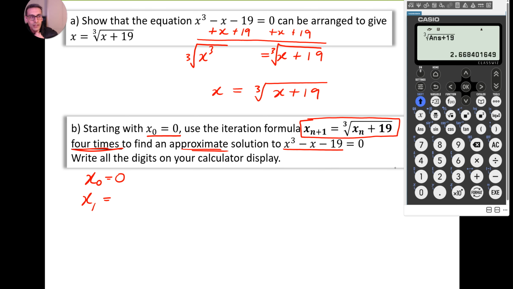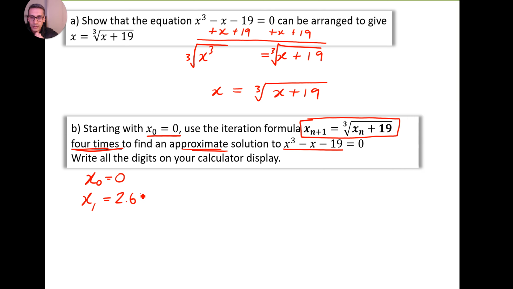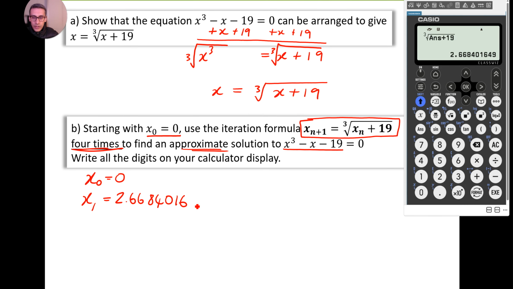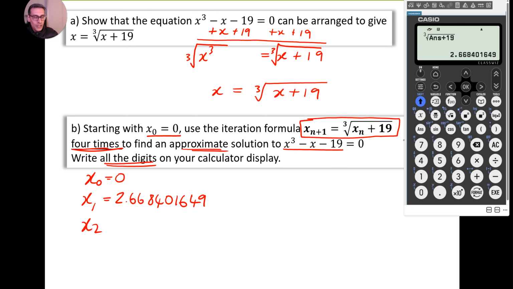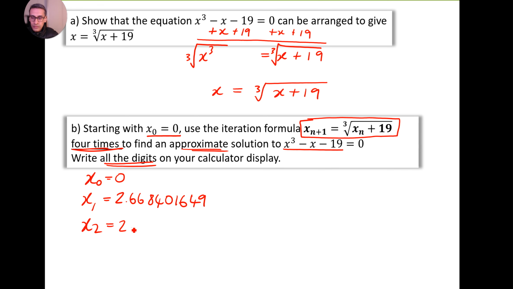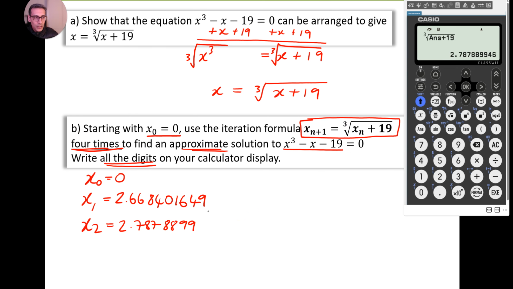So x1 is 2.668401649. And you must write all the digits on your calculator. For x2, we're just going to press equals again: 2.787889946.